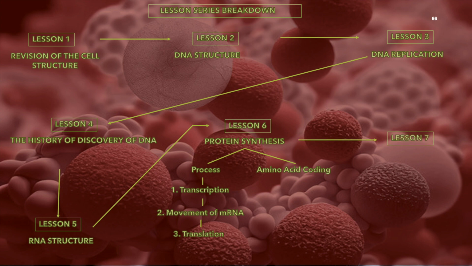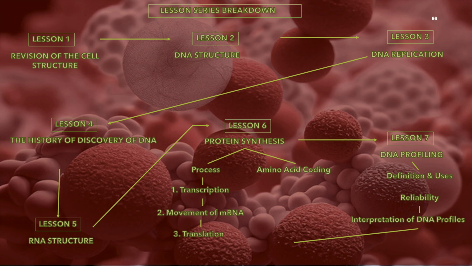In the 7th and last lesson, we will be looking into DNA profiling, where we will look at the definition and uses of DNA profiling, and at factors that affect the reliability of DNA profiling. We will be doing some interpretive work where we interpret different DNA profiles, firstly to determine paternity, and we will be looking at DNA profiling as a way of forensically determining a possible criminal in a criminal case.